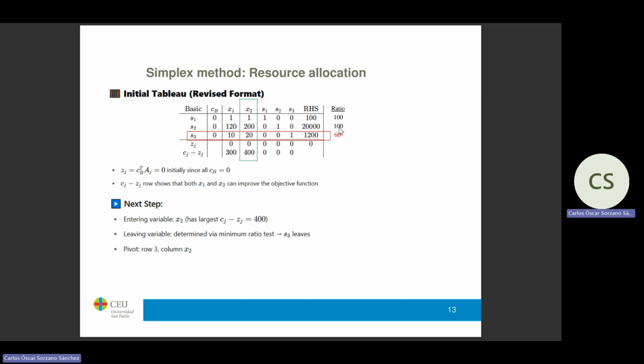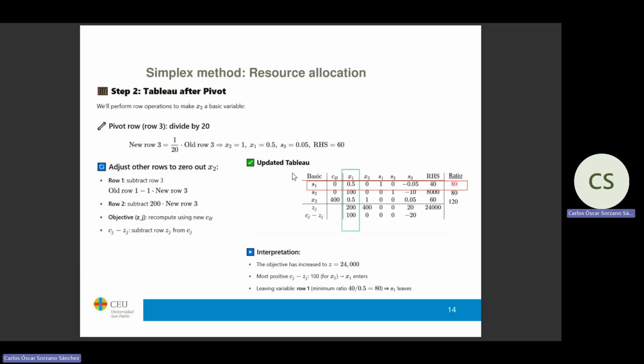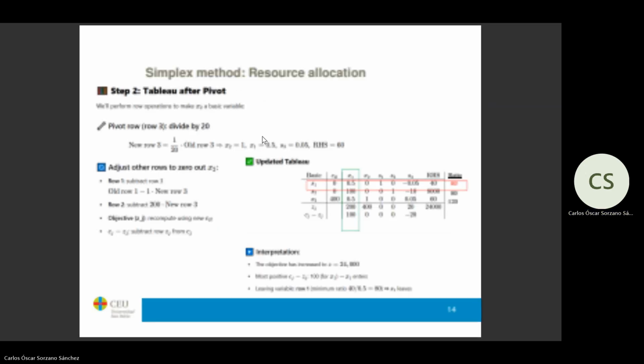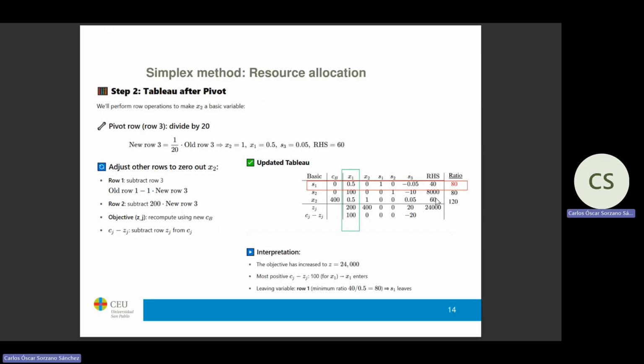Very good. So then we have to manipulate the matrix. So x2 gets into the basis, and we have to make this element 1. So we divide the whole row by 20, and we have this 1.